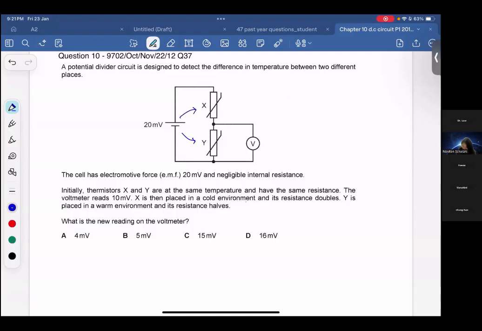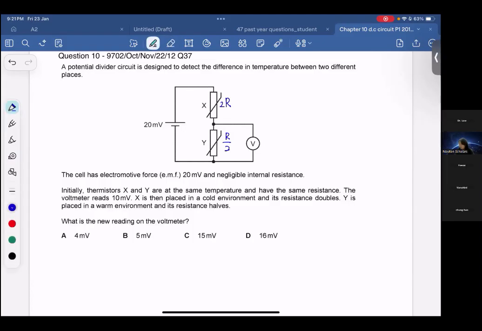Then they say that the resistance for X becomes double, 2R, and Y's resistance becomes half, R over 2. So what is your new voltage?